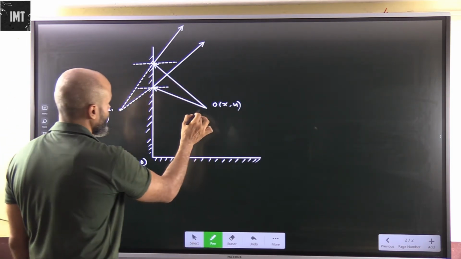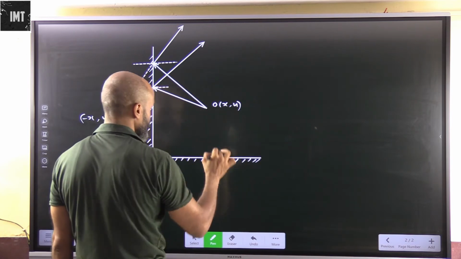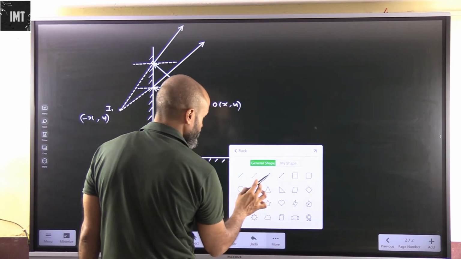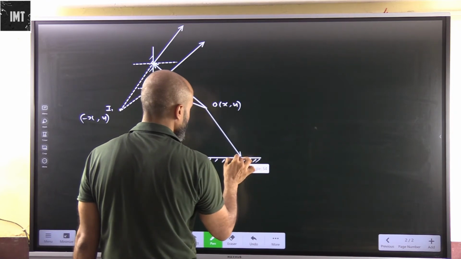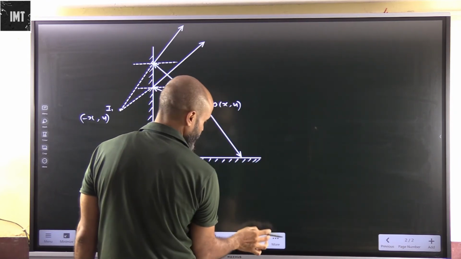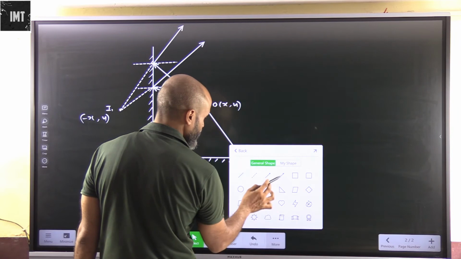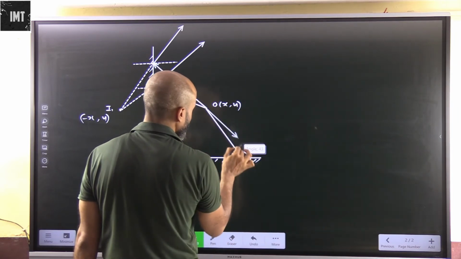Okay, in the same way, let's say I take two rays out here. Let's say one is falling at this angle, and the other one falling somewhere here.